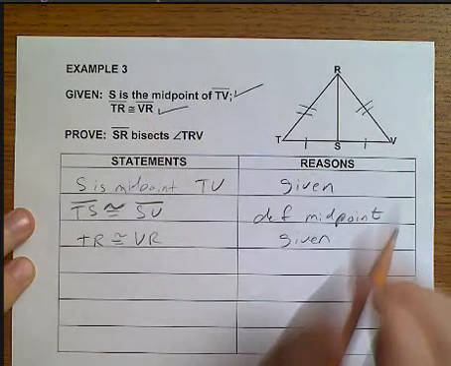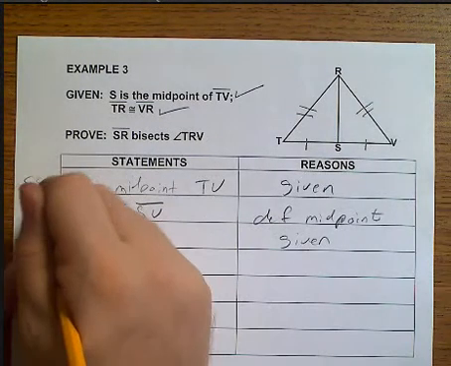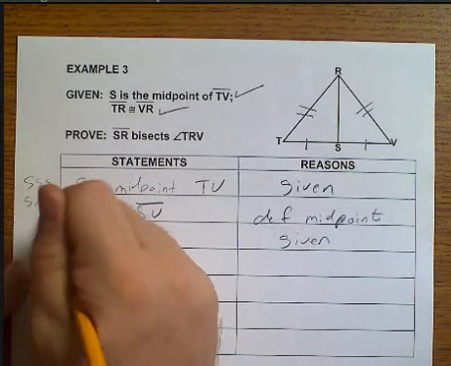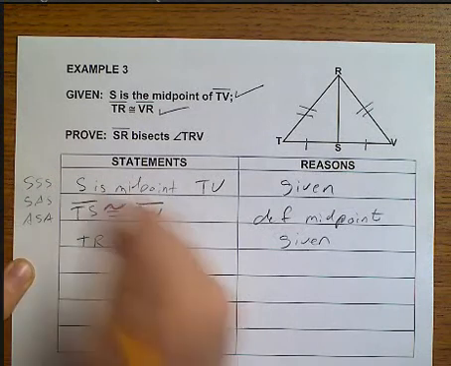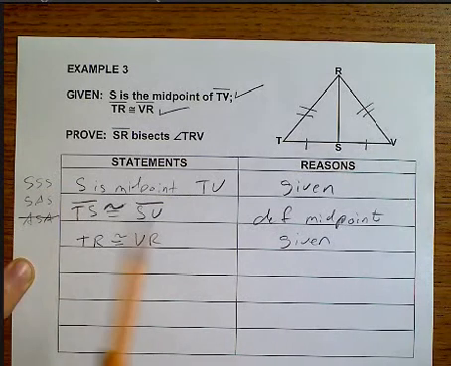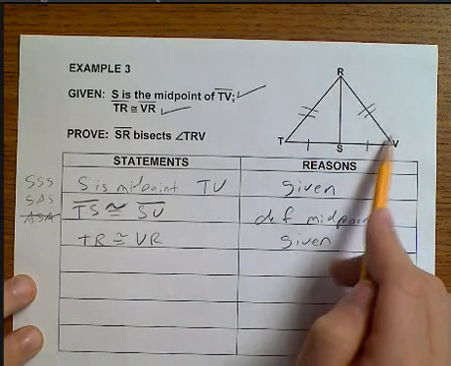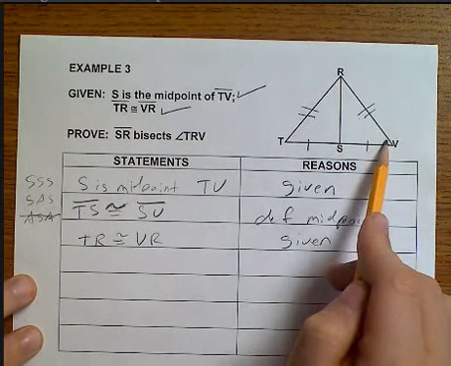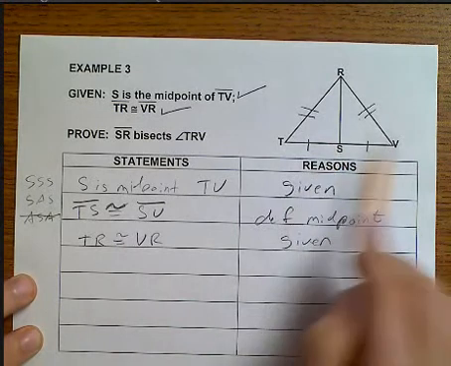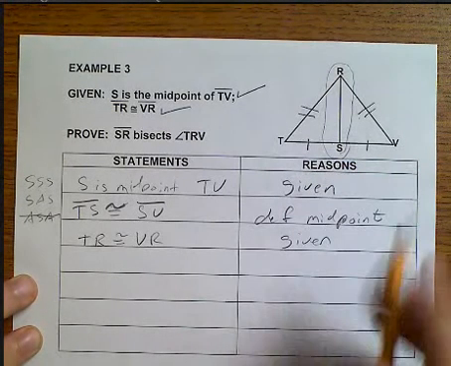And I need that third thing. Well, again, we have our options. We have side, side, side, side, angle, side, and angle, side, angle. Well, I've got two sides, so we know it's not that one. So I either need to prove that T is congruent to V, or I need to prove this third side. Well, my third side happens to be here, and we know the same place. Well, it's reflexive.